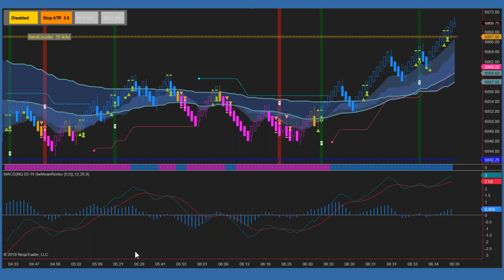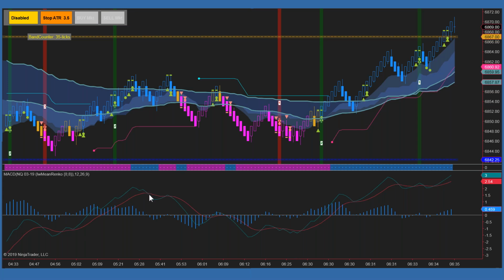He also decided to throw in what's called a trigger line. That's this red line that you see going back and forth here. And the notion is that when the MACD crosses the trigger line, that gives you a buy or sell signal. Now, MACD is another one of these systems where you can be always in the market.